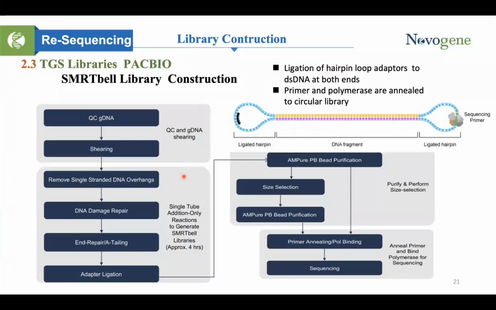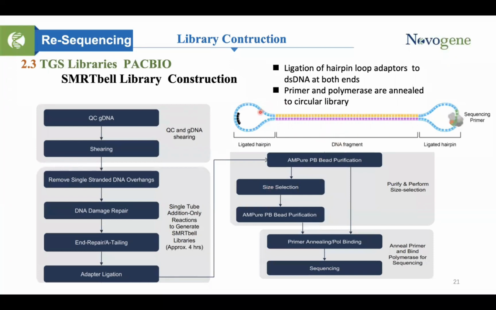With PacBio whole genome sequencing, we prepare the library starting with uniformly shearing the high molecular weight DNA without an amplification step. The fragments are then treated with DNA damage repair, repair, adapter ligation, and purification. An optional size selection step allows shorter fragments to be removed before sequencing in order to favor data output.